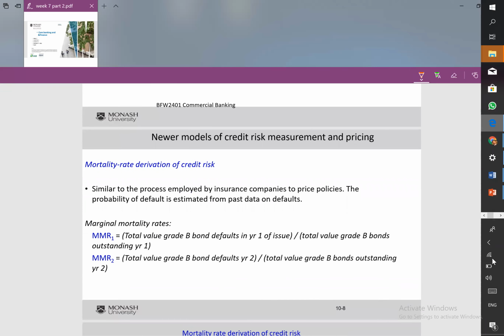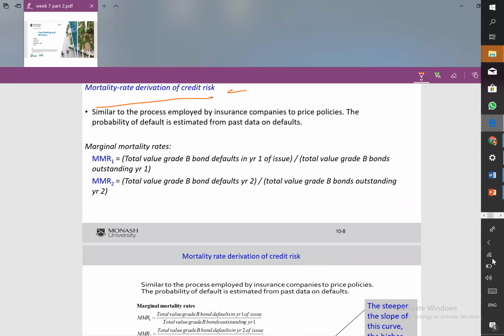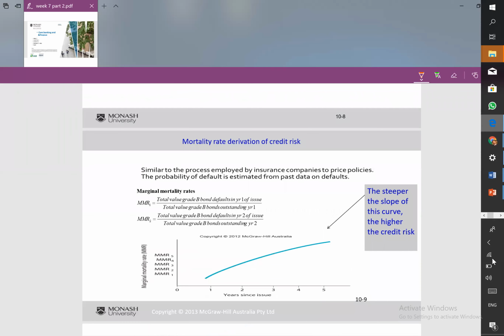The other thing, the second model, is the maturity rate derivation of credit risk. This is a very simple issue, and they actually use it for bonds. If you are going to invest, you just do the following: you calculate the total value.